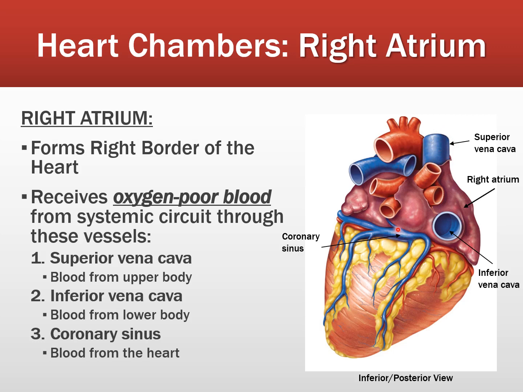And then there's one last spot that we drain blood from, because we have to drain the blood back from the heart as well, and that's the coronary sinus. So we drain blood directly back from the heart muscle itself, and it goes through the coronary sinus into the right atrium.